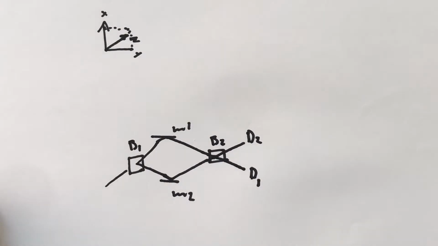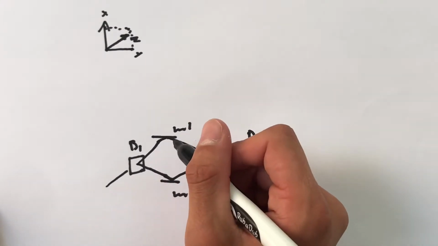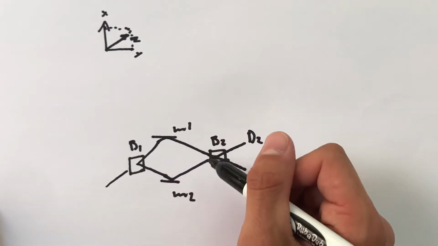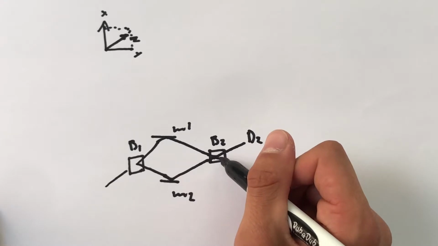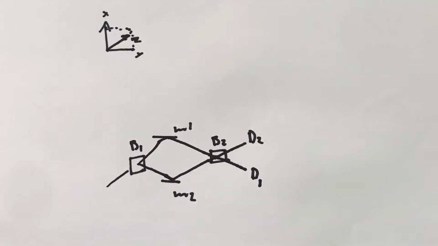So this is a system. You shine light through a beam divider that splits it into two parts. These two parts get reflected by one mirror each until they are collected into this box and then divided yet again.